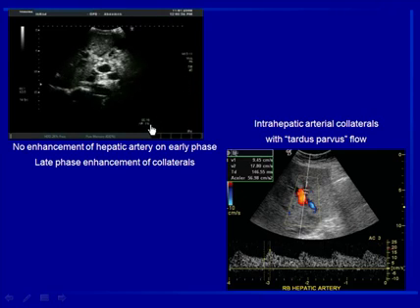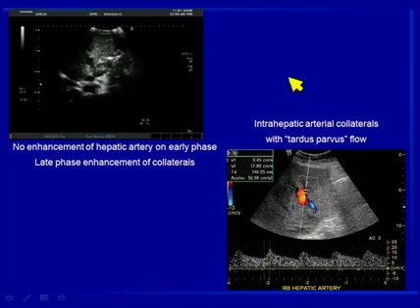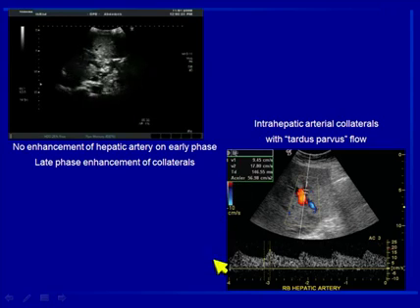Here we can see the elapsed time of injection, 25 seconds. And later, with contrast-enhanced ultrasound, we identified intrahepatic arterial collaterals with tardus parvus flow in the left branch of the hepatic artery.